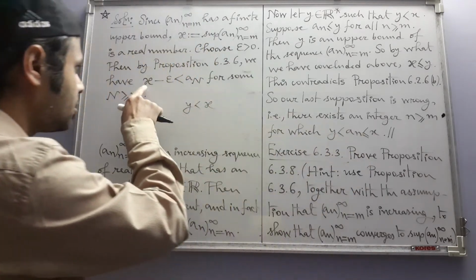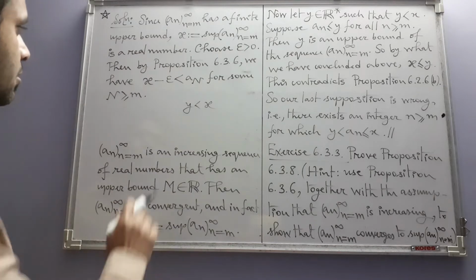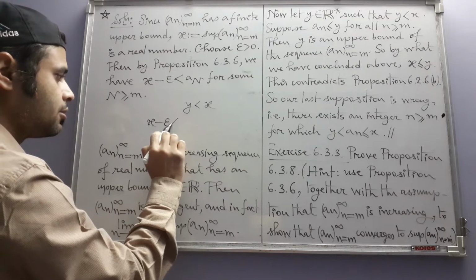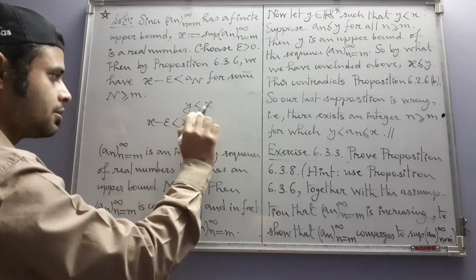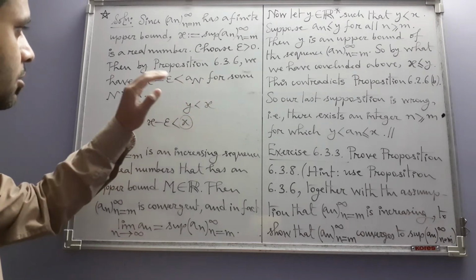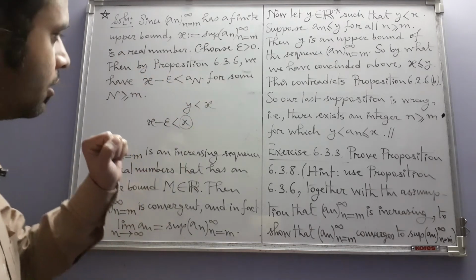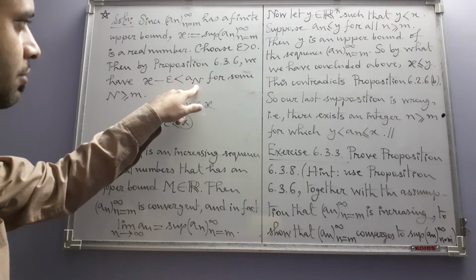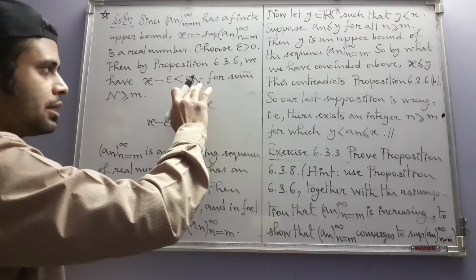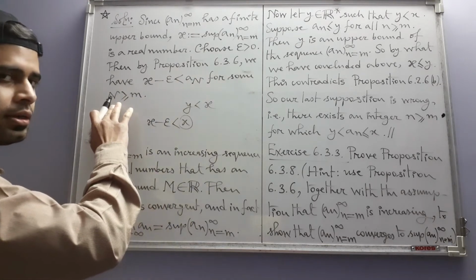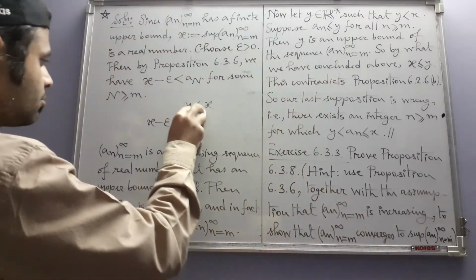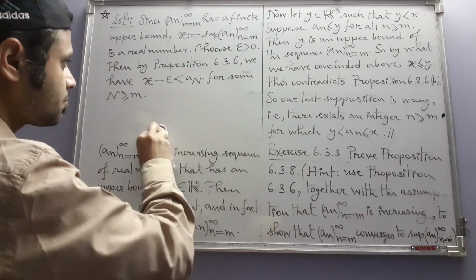This y here is x minus epsilon, because epsilon greater than 0 means x minus epsilon is less than x, and this x is the supremum. So at least one term of the sequence should be greater than x minus epsilon, and let the index that gives us that term be n. N clearly will be greater than or equal to m, because that's where the indices are coming from.